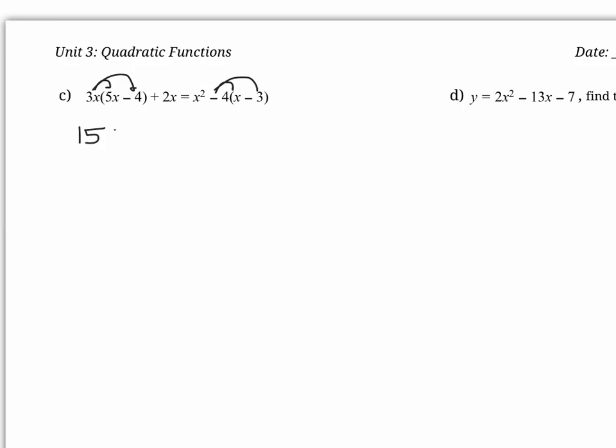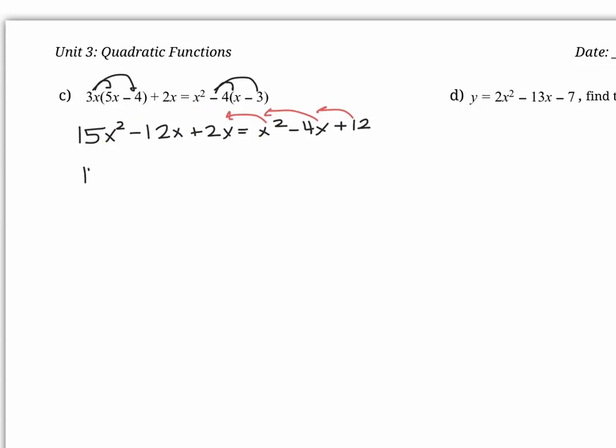This is going to be 15x squared, and then we have minus 12x plus 2x is equal to x squared minus 4x plus 12. All right, I'm going to bring everything to one side because I know I'm probably going to have to factor this guy. So I'm going to bring everything onto the left side. I'm just going to do this in my head. I'm going to have 15x squared, and then I'm going to take away an x squared.